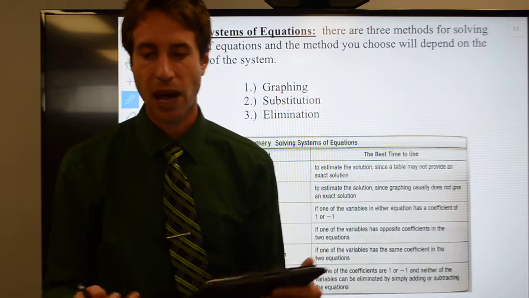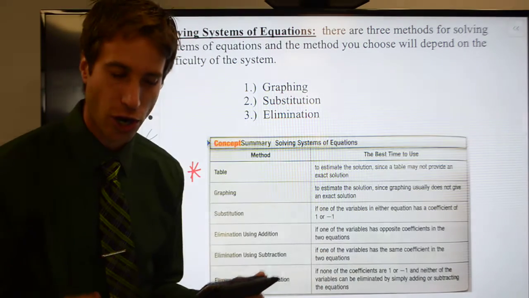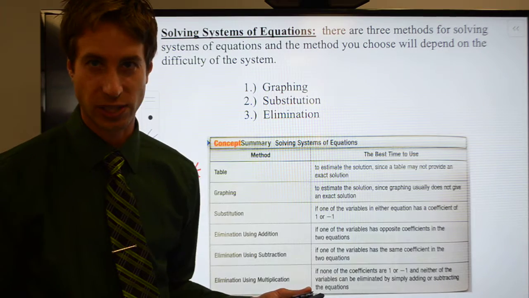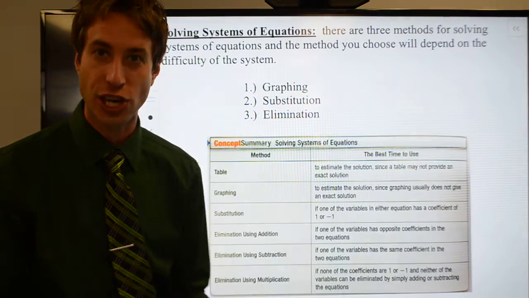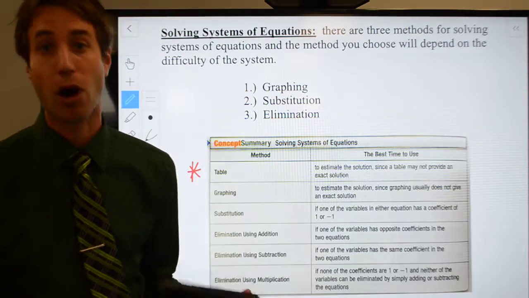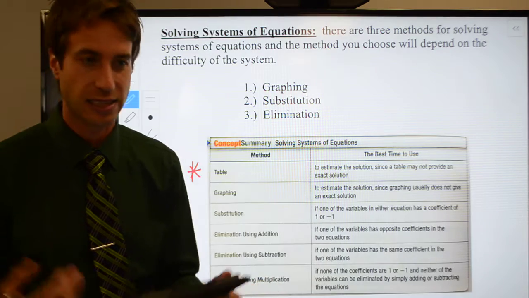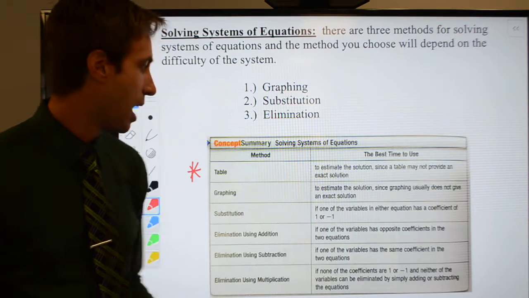It's Algebra 2. I would never ever recommend setting up a table or chart to try to find the solution to a system of equations. Guessing and checking is a complete waste of time. So I'm not even going to bother showing you how to do it. It's actually kind of ridiculous. I'll never ask you to do it.